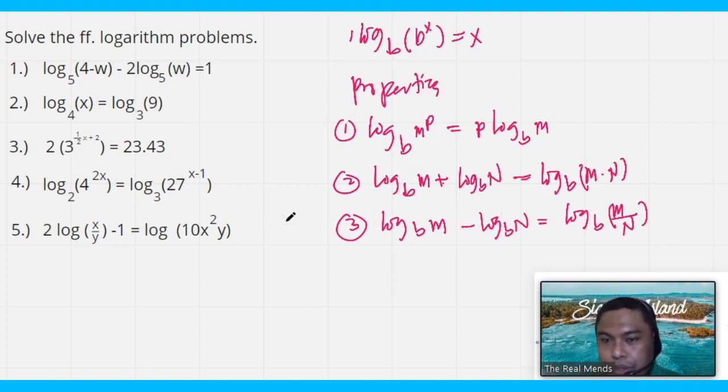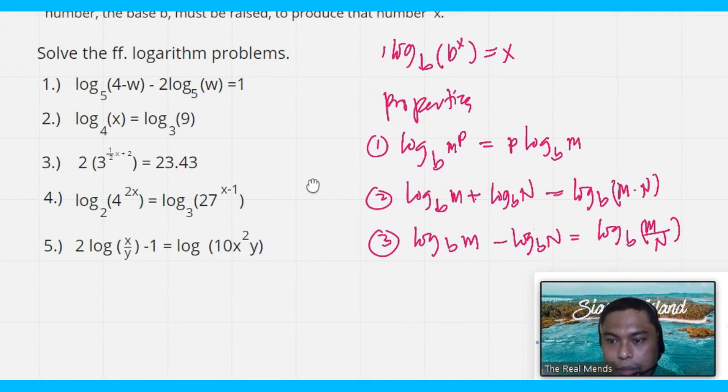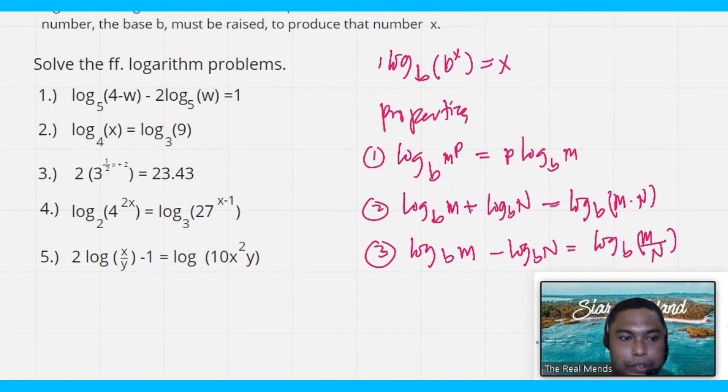And then we have here solving problems. For number one, we have log base 5 of (4 minus w) minus 2 log base 5 of w is equal to 1. For number 2, we have log base 4 of x is equal to log base 3 of 9. For number 3, we have 3 raised to the power of 1 half x plus 2 is equal to 23.43.